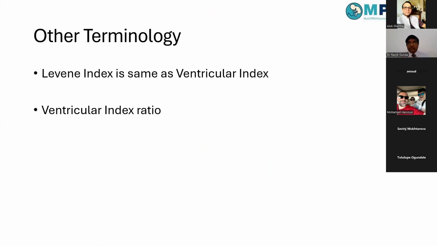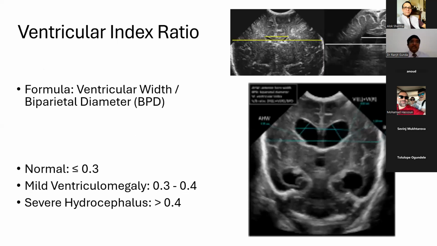There's no difference between the two. But the ventricular index ratio is slightly different: it is a measurement of the ventricular diameter along with the biparietal diameter. So we take from the midline to the lateral part of the ventricle, and also the biparietal diameter from parietal to parietal.